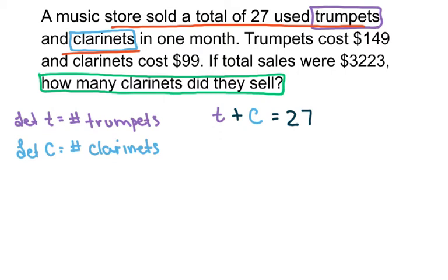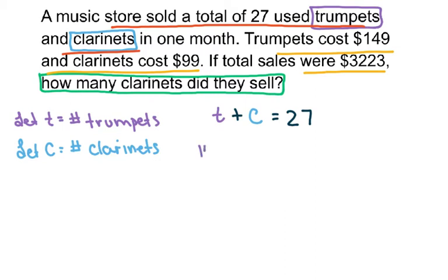Now we start adding in the next sentence. So the next sentence gives us our second equation. The cost of a trumpet is $149 and the cost of a clarinet is $99. The total sales were $3,223. So the way I set this up is I'm going to multiply the cost of trumpets times the number of trumpets.